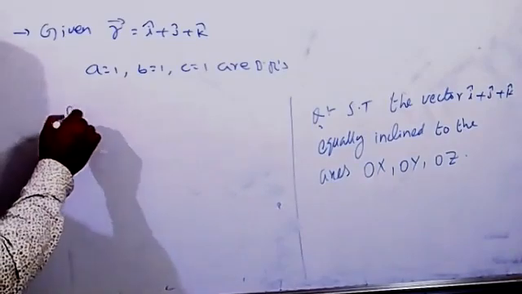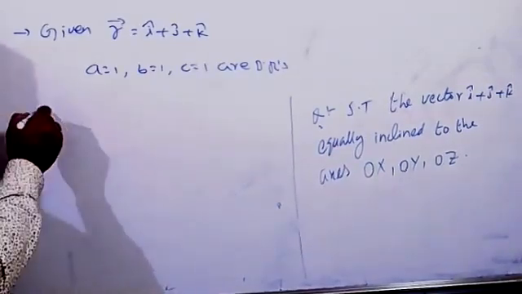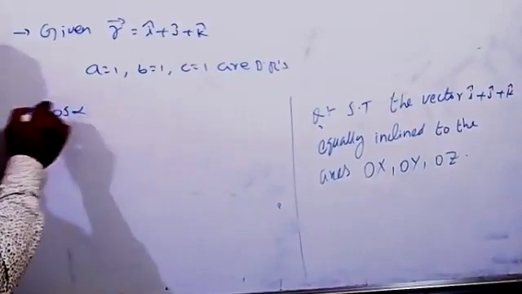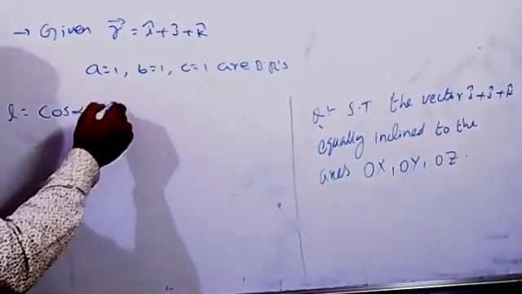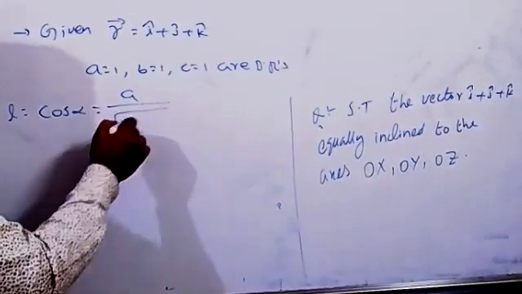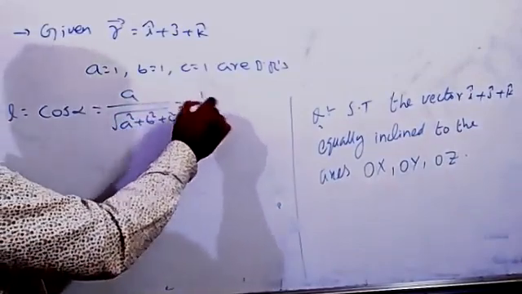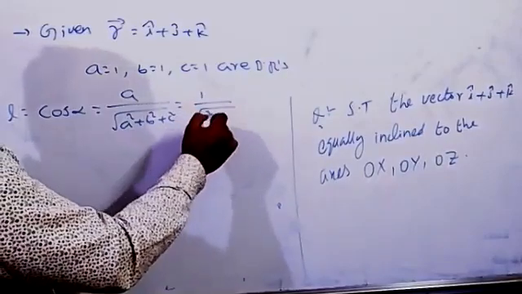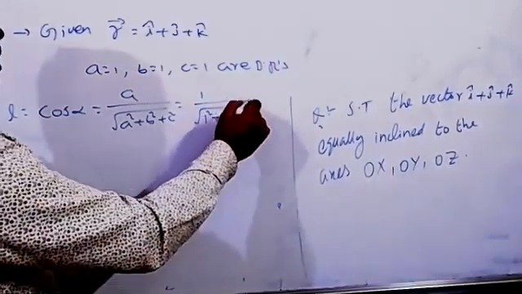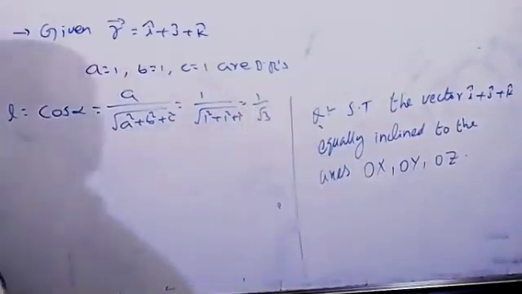So the value of l, that means cos alpha, is equal to a by root of a square plus b square plus c square, which is 1 by root of 1 square plus 1 square plus 1 square. Clearly you can write 1 by root 3.